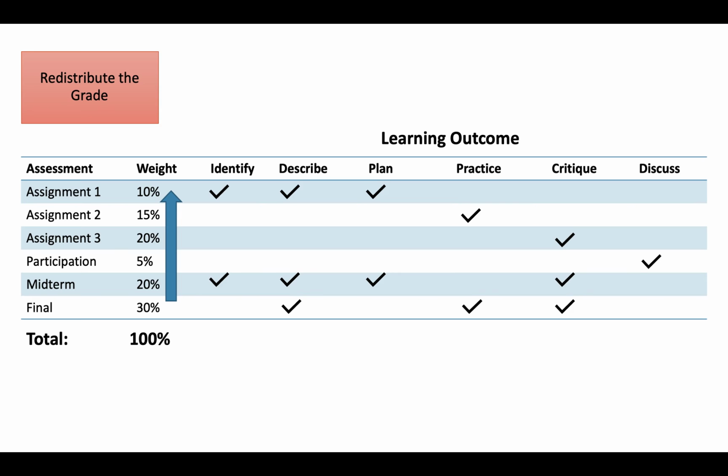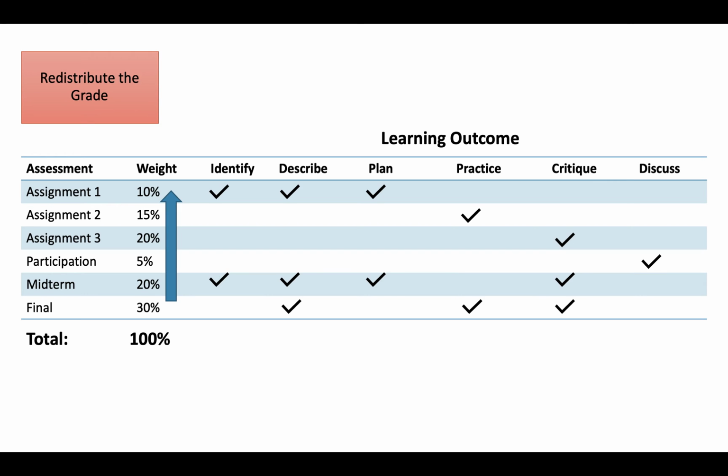So in this case, it's to describe, to practice, and critique. Now, there are other assessments that were also targeting that learning outcome in this course, and so that's where we would want to take that 30% and redistribute it. So rather than put it on participation, where there's not really the alignment between those learning outcomes of the final and the learning outcomes of participation, we are moving the 30% where there is that alignment.